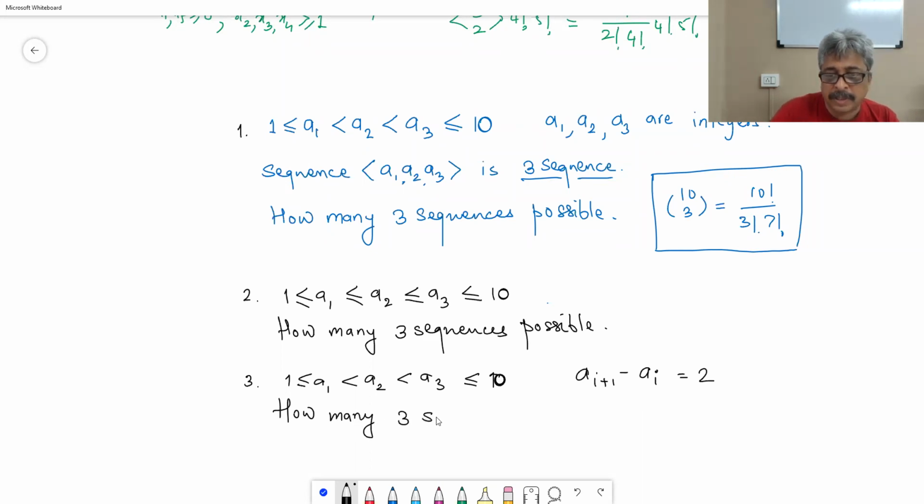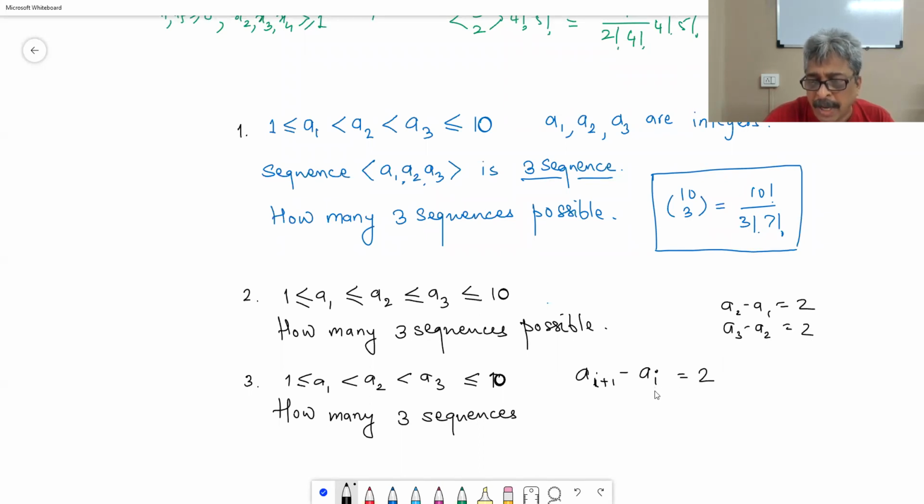Now i is our index. So if I put i is equal to 1, it will be A1. That means 1 plus 1, 2. It will give me A2 minus A1 should be equal to 2. If I put i is equal to 2, A3 minus A2 is equal to 2.